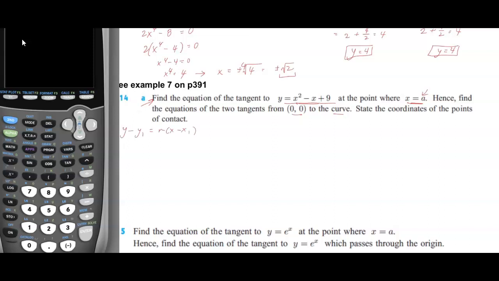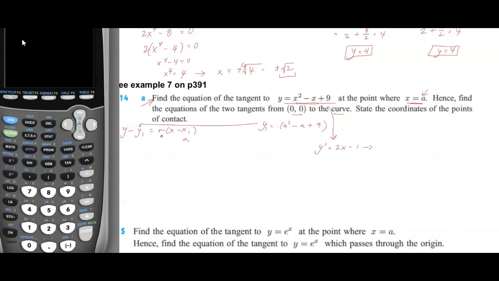And we know that our x1 value is going to be a. Our y1 value is going to be a squared minus a plus 9, and that's what we're going to put in for y1. Last is our m value, the slope. We need to find the derivative, which is 2x minus 1.